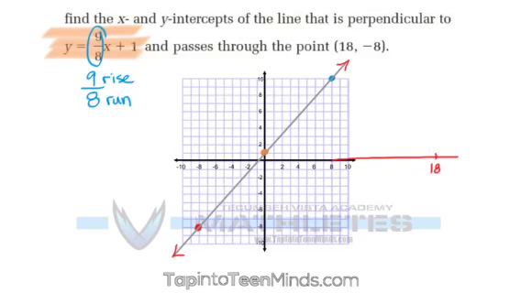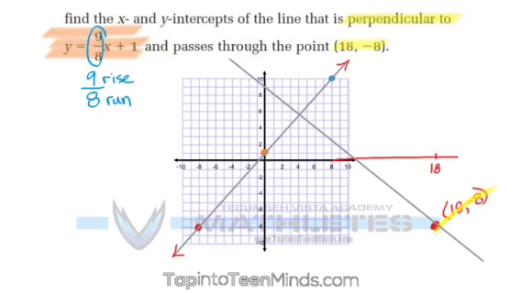So we'll approximate, and we'll be going down to negative 8 to plot that point. So our new line will actually pass through the point (18, -8), and we also know that it's perpendicular to the original line, which means that our line's going to look something like this.